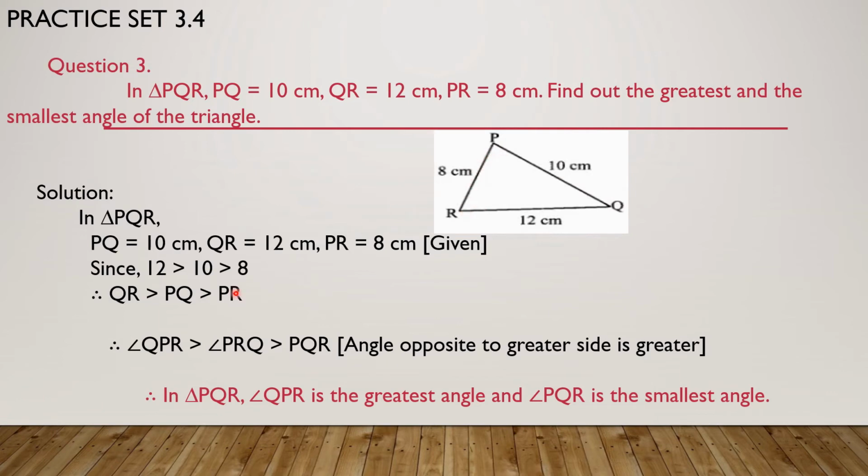Therefore, angle QPR is greater than angle PRQ, which is greater than angle PQR. That is the reason: the angle opposite to the greater side is greater. Therefore, in triangle PQR, angle QPR is the greatest angle and angle PQR is the smallest angle.